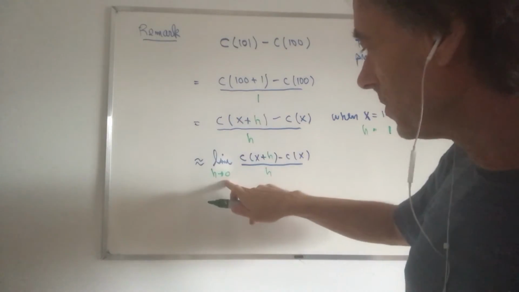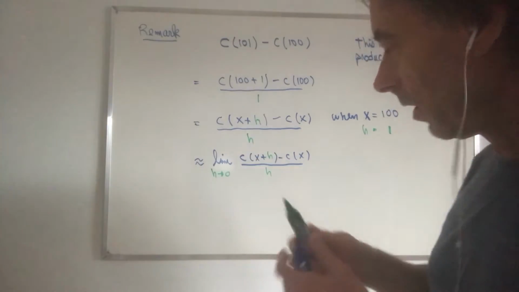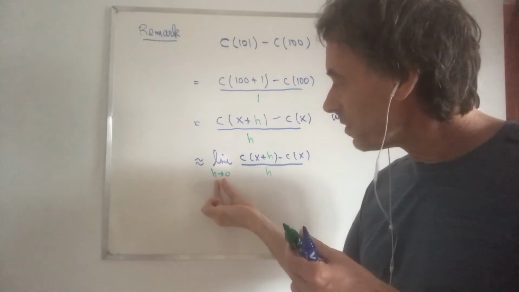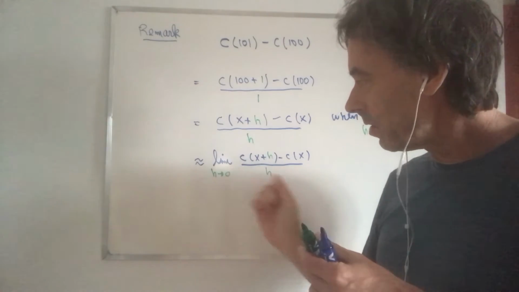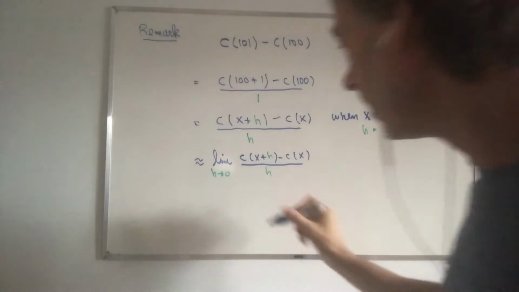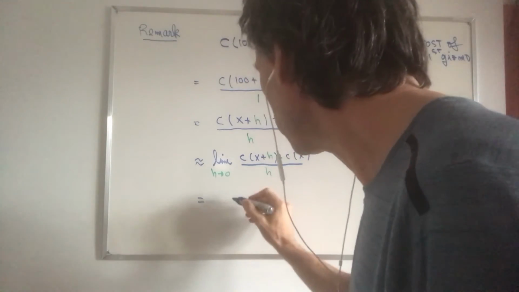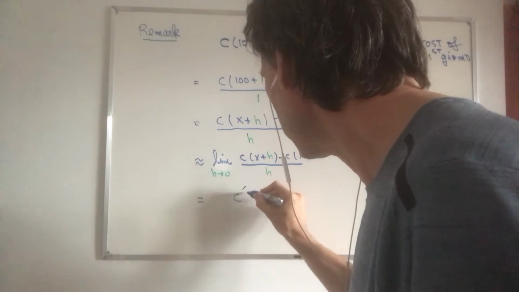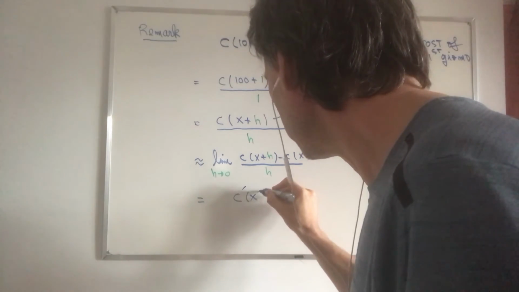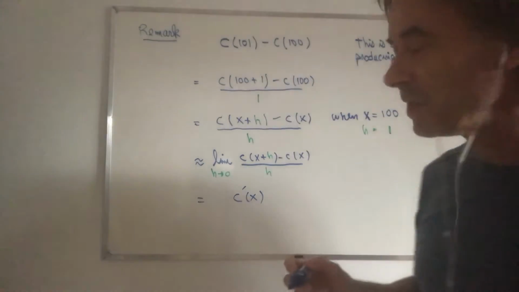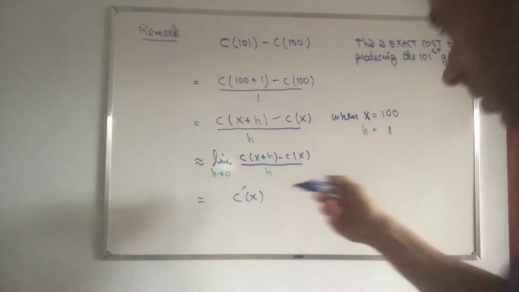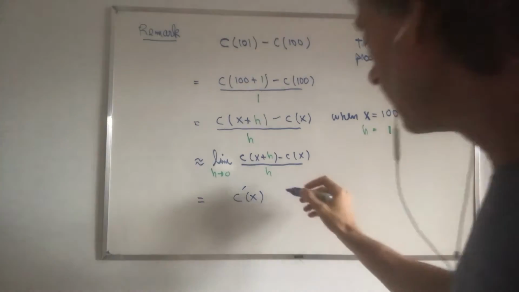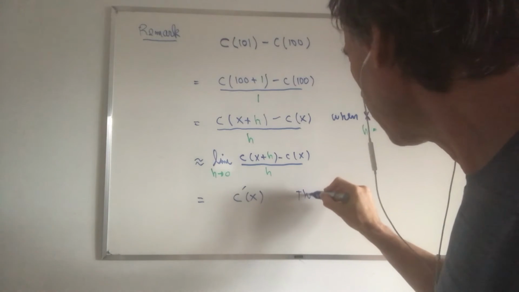This has no limit, this does. But if I put a limit here, meaning if the h is very, very small, then those two can be equated to each other, and this is actually the derivative of the function C. It is C prime, the derivative of C.